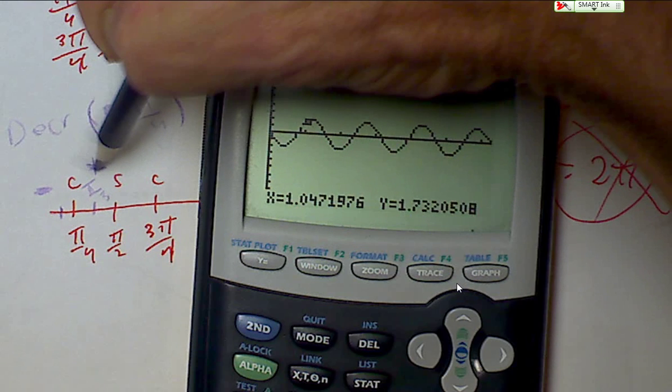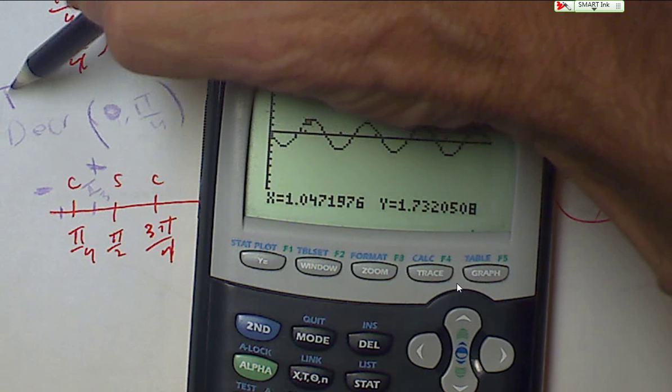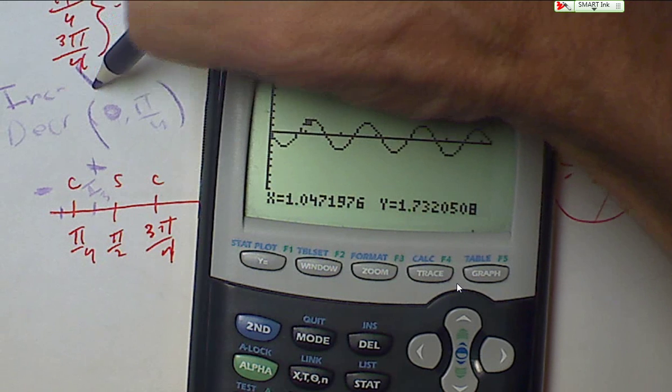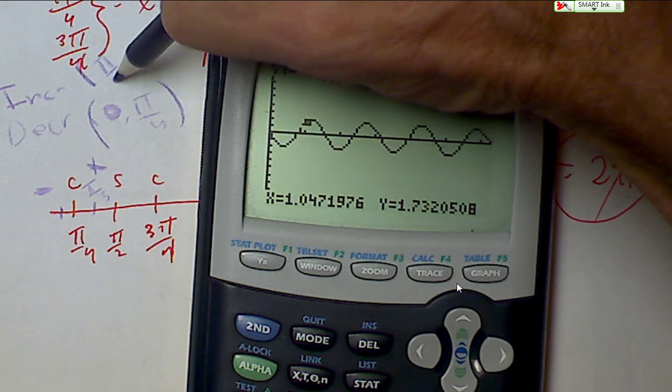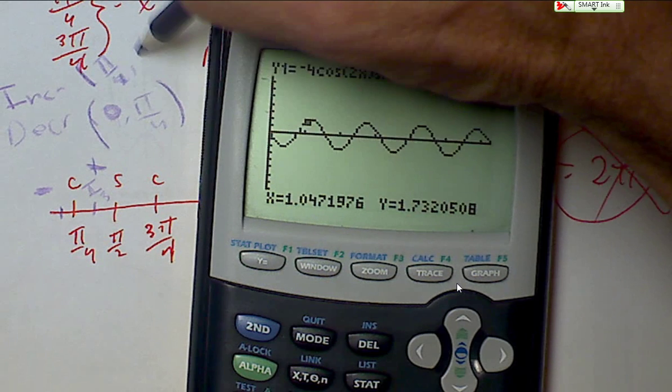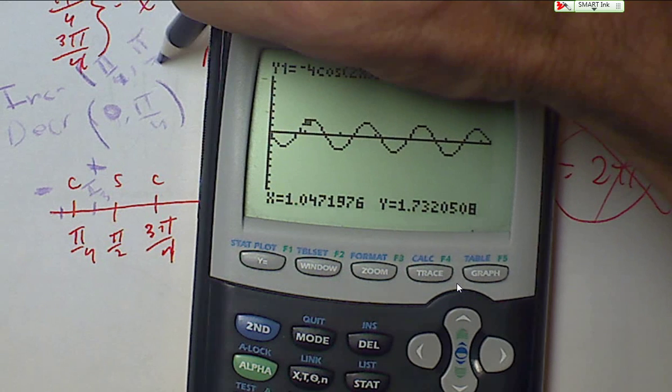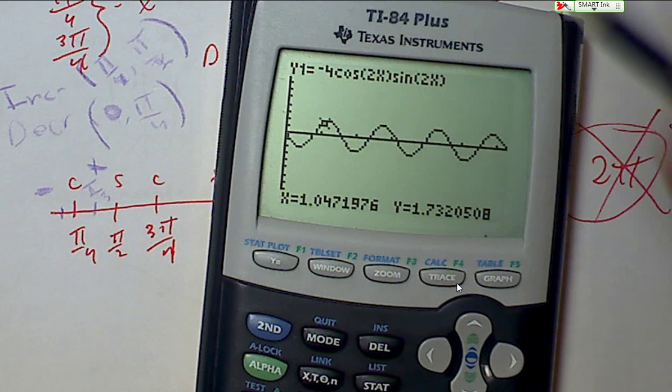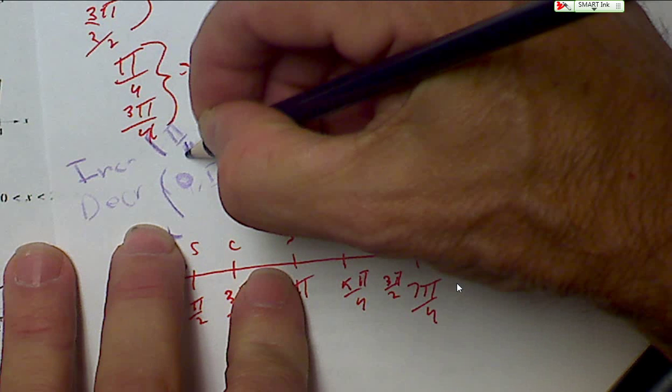So this is increasing from pi over 4 to pi over 2.